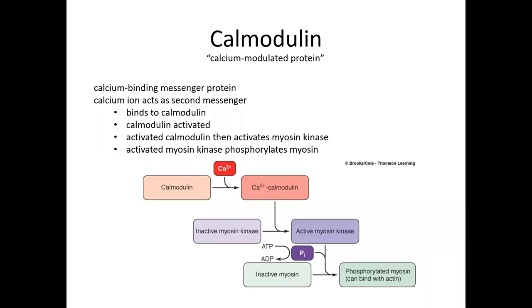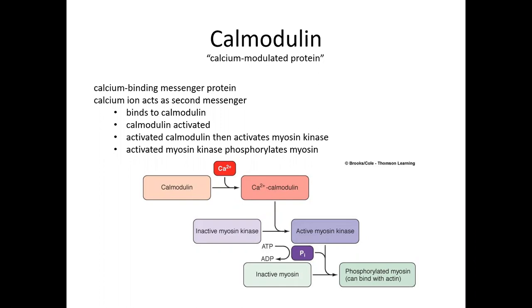Now, before we talk about smooth muscle contraction, there is one thing unique to it I do need to talk about, and that is a substance called calmodulin, which basically is a shortened version of calcium modulated protein. And this is just another messenger protein that binds calcium. Okay? And by binding to calmodulin, then we have a sequence of events happening. So in this respect, calcium, once again, is acting like a second messenger, because it's going to activate the calmodulin.